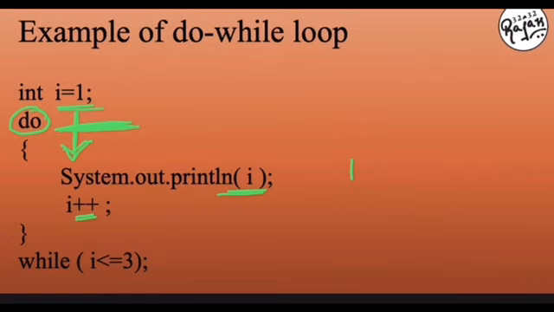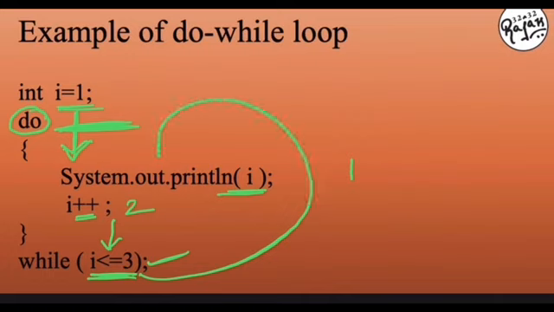Then the second part is I++, so 1 becomes 2, and then the condition is checked. 2 less than equals to 3, yes, the condition is true. Because of this semicolon, if the condition is true, it sends you back inside the body of do while. Again it prints the value of I, that is 2.